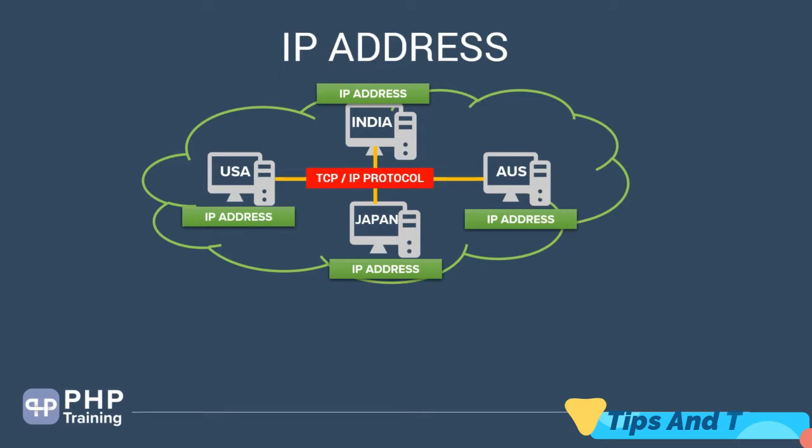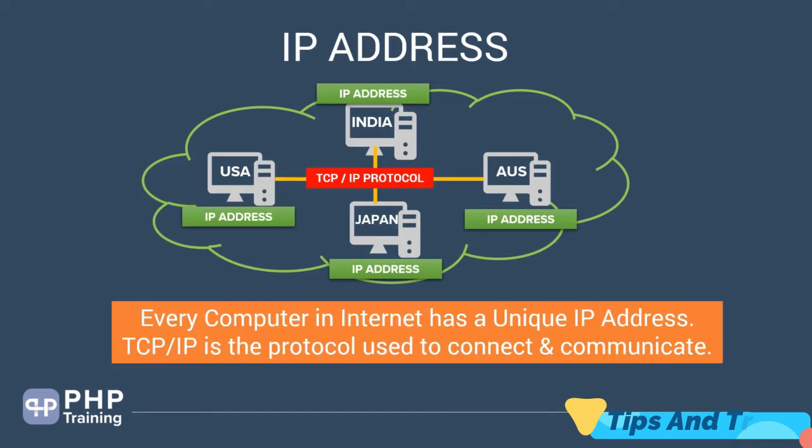That's the rule of the protocol: you need an IP address first, and using that IP address, the TCP/IP protocol will establish the communication and transfer the data. Every computer on the internet has a unique IP address, and TCP/IP is a protocol used to connect and communicate. Remember these definitions: what an IP address is, what TCP/IP is, its purpose, how IP addresses are assigned to computers, and why you need a unique IP address on the internet, which is just to find themselves and establish communication.